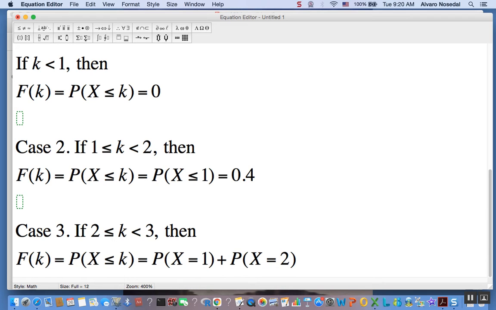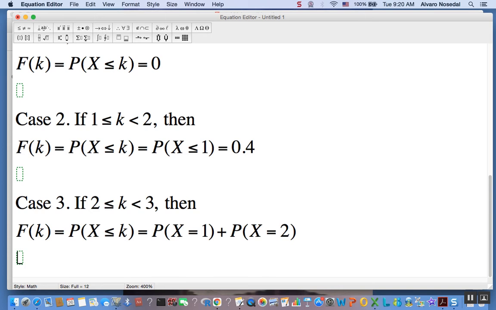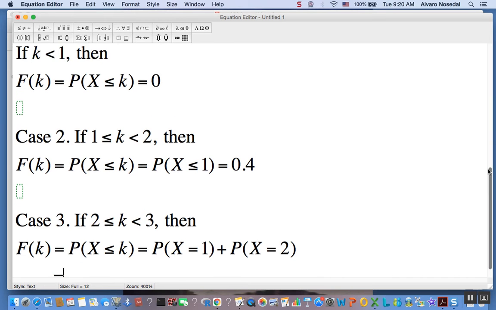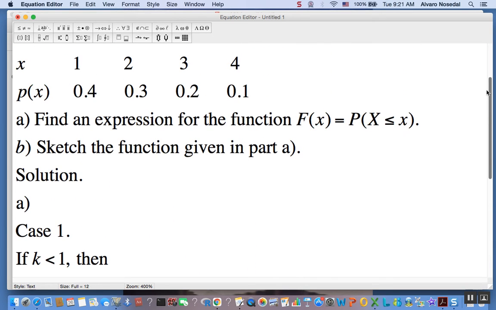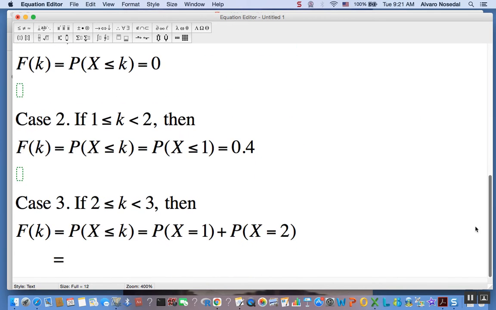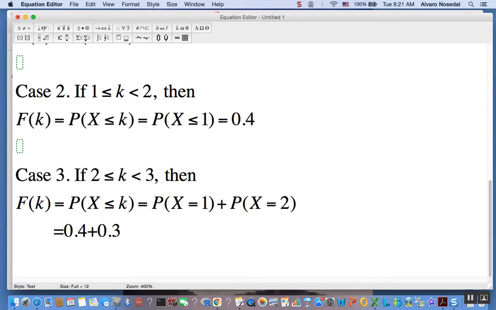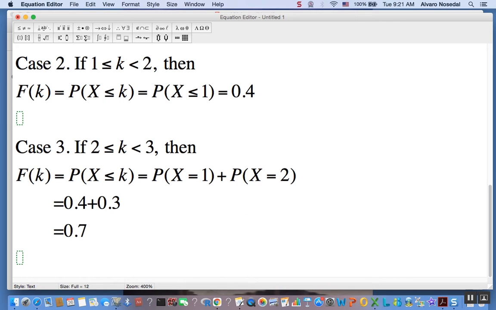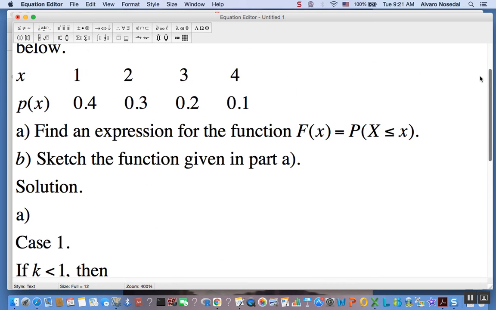Guys agree? Make sense? And in this case, let's go back to our table, that would be 0.4 plus 0.3, which happens to be 0.7. Next case. Now let's take a value k that lives between 3 and 4.